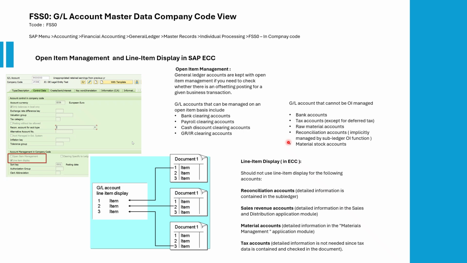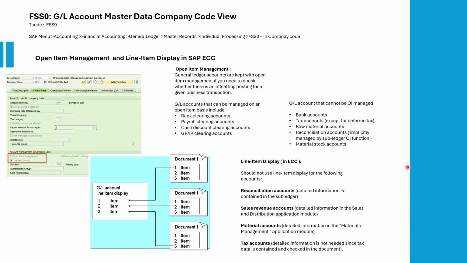And what kind of GL accounts do we manage on an open item basis? They can be bank clearing accounts, payroll clearing accounts, GRIR clearing accounts, cash discount clearing accounts. These kinds of accounts can be used with the open item management settings. And the accounts which cannot be open item managed are, for example, bank accounts, then reconciliation accounts, because they are implicitly managed by subledger open item functions.